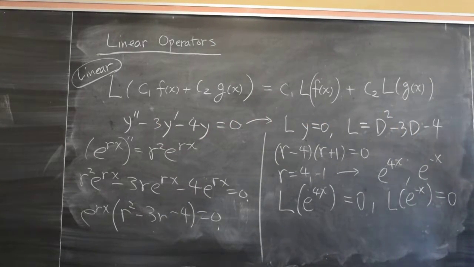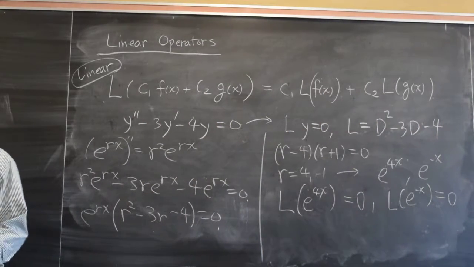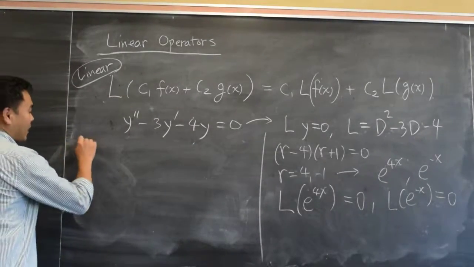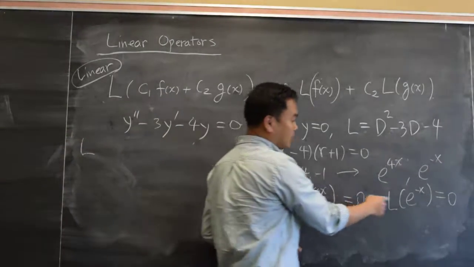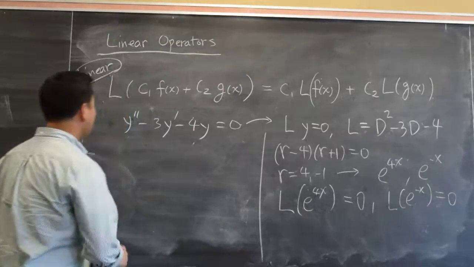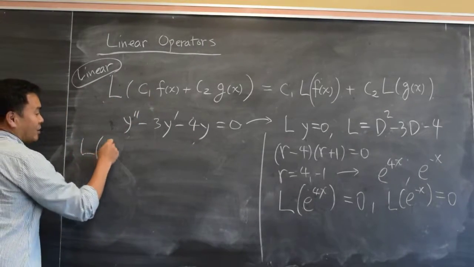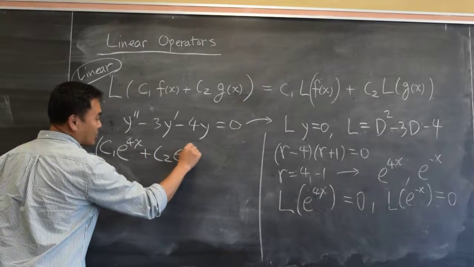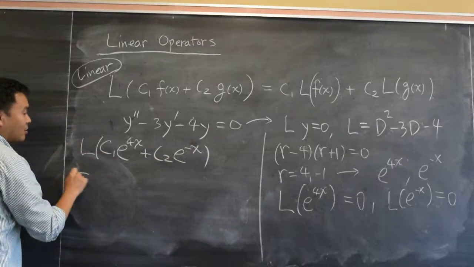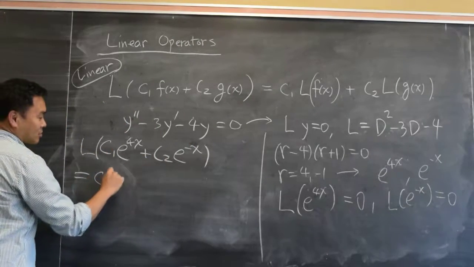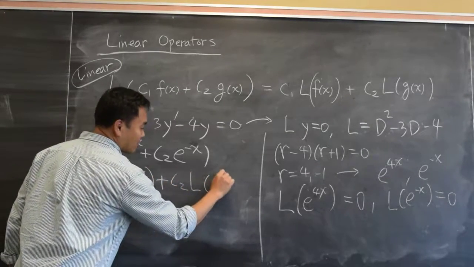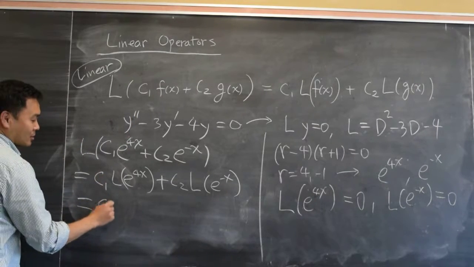Now, that means we are very close to the entire solution, because if L of e to the 4x is 0 and L of e to the negative x is 0, then because of this linearity, we can say C1 times e to the 4x plus C2 times e to the negative x, and you apply the L, according to this calculation, is C1 times L applied to e to the 4x plus C2 times L applied to e to the negative x, and therefore, what is this?